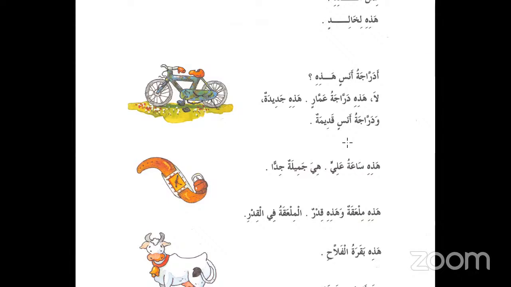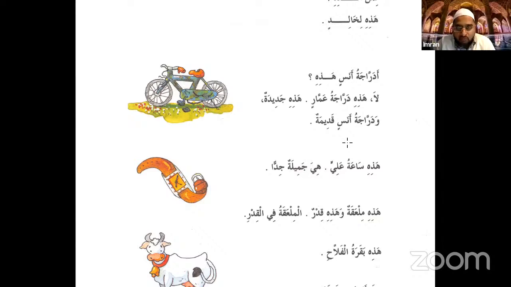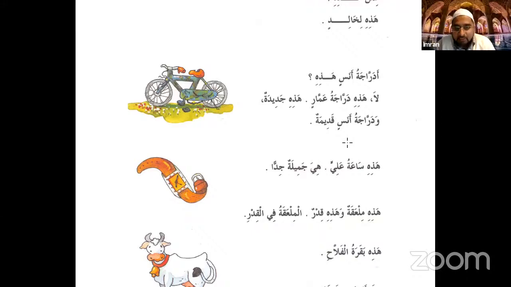If the mudaf is feminine, then the khabar will also be feminine. If it is masculine, then the khabar will be masculine. If mudaf is muzakkar, then khabar will be muzakkar. Therefore, here darajatu is feminine, so qadimatun is feminine. Write this example down: darajatu anasin qadimatun.